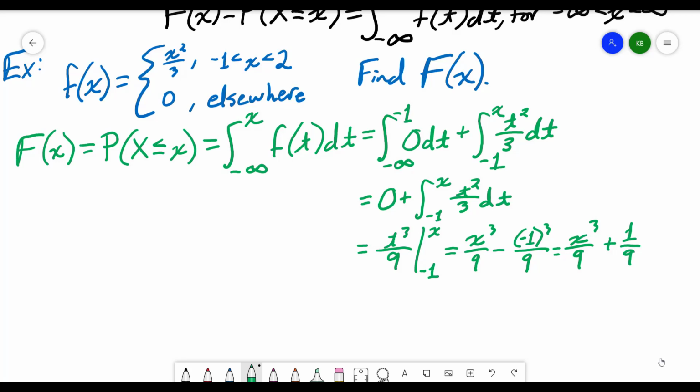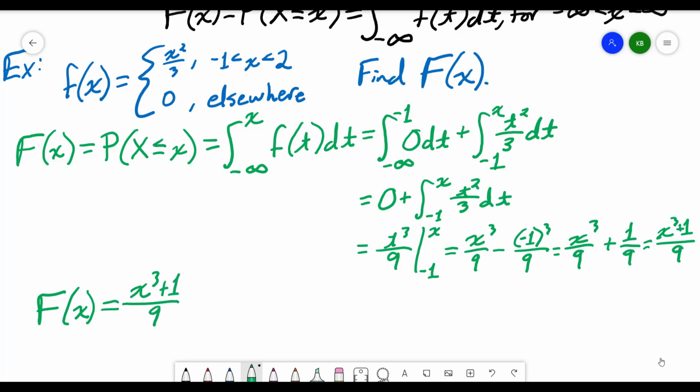And now I have like denominators, so I can put my numerators together and have x cubed plus 1 all over 9. So what I have is my cumulative distribution function, capital F of x, is going to equal x cubed plus 1 over 9.